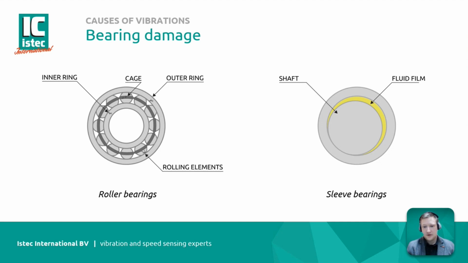Also, this type of bearing is much more sensitive to external influences on the position of the shaft, because there is no fixture. Like with the roller bearing element, it's all fixed together. So we have an inner ring, we have an outer ring, we have a cage, and everything is maintained. While with the sleeve bearing, it's the oil film which separates the shaft from the bearing.